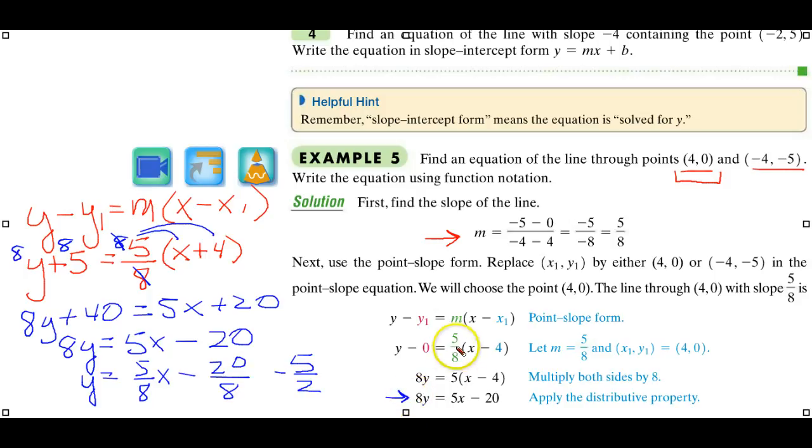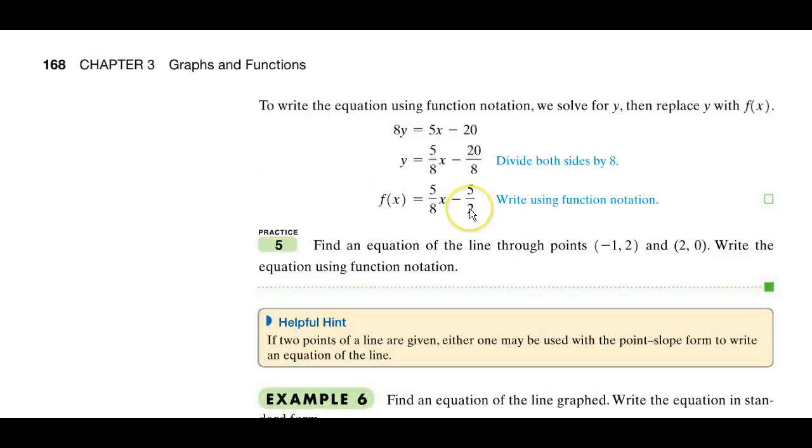And basically that's what they're going to get. And this is in slope-intercept form. So let's just take this part off, because this is what we simplified it to. And we see how they worked it out on the next page.